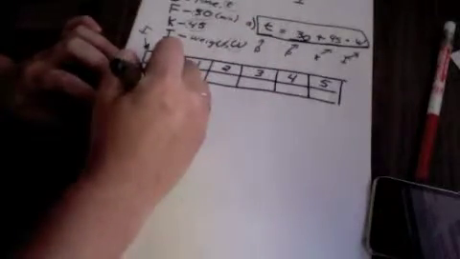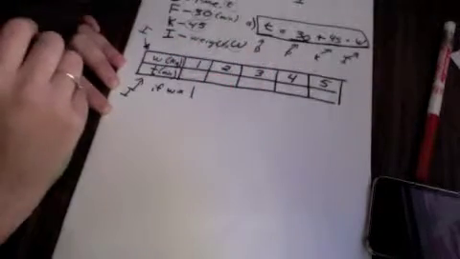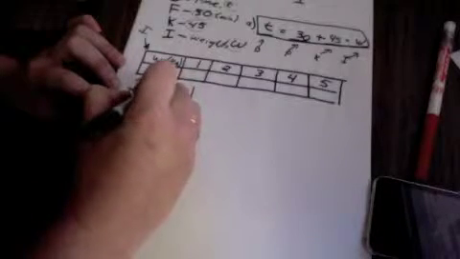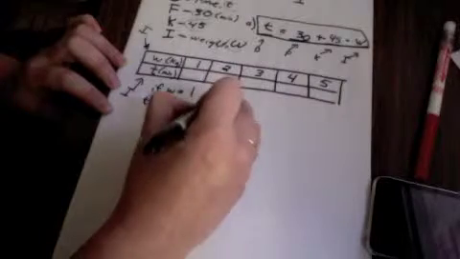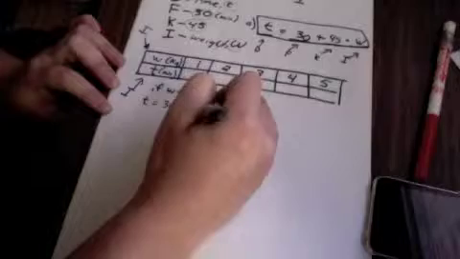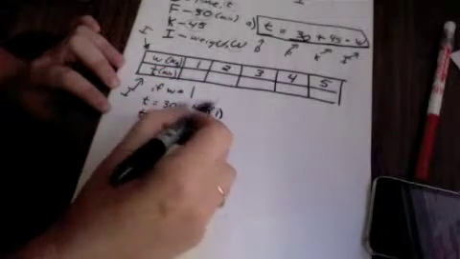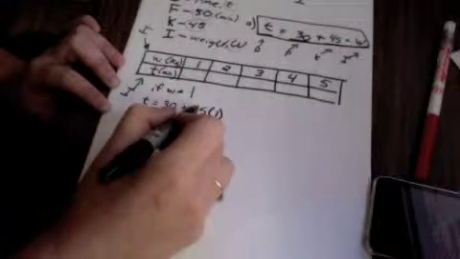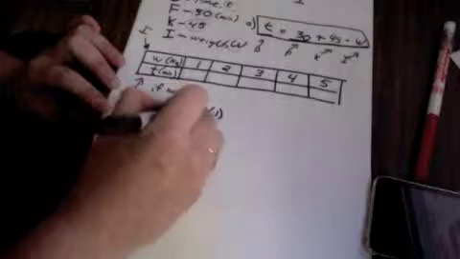So if W equals 1, I know that T is going to equal 30 plus 45, and usually I would write W, but I'm substituting the 1 in for it. So instead of writing W, I'm going to put 1 because I'm finding out when W equals 1. Then I just multiply these two things together and then add 30. 45 times 1 is 45, plus 30 is 75.